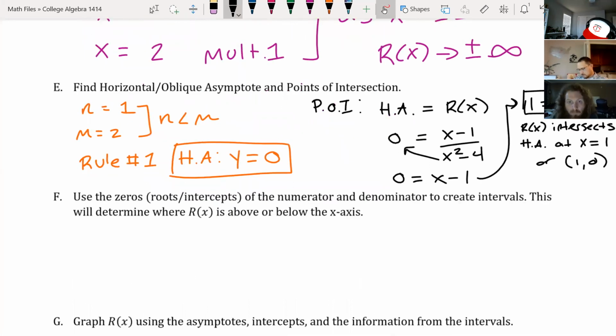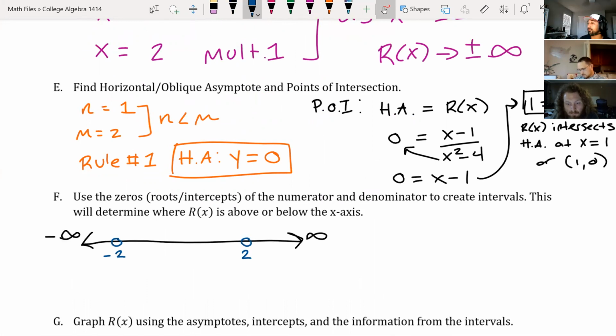All right, here's my number line, -infinity to infinity. And then the x values we have found, we'll start with our domain, are at -2 and 2.